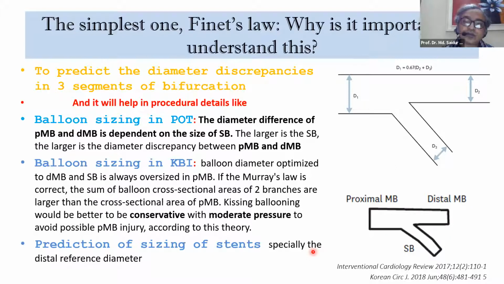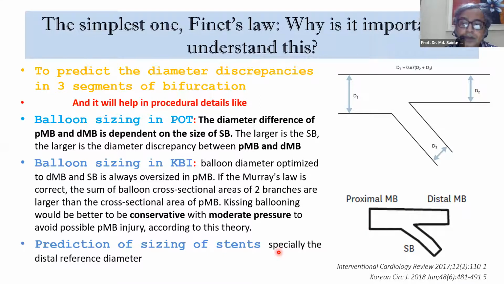That is also very important, which I always try to remember, because by this rule or formula we can predict the diameter discrepancies in the three segments of bifurcation. This is very important to have good success in bifurcation, and by this prediction we can also choose the balloon sizing in POT, the balloon sizing in the kissing balloon inflations, and the prediction of the sizing of the stents also.